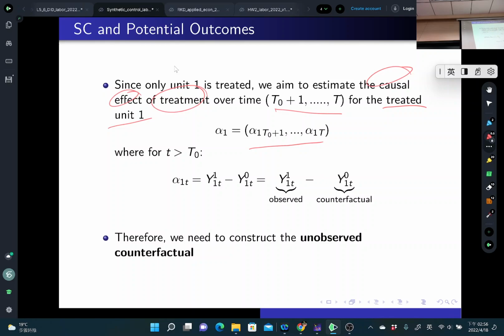Y0 is unobserved. So we want to use the synthetic control method to construct this unobserved counterfactual Y0 to get the causal effect for each year. Okay. So the following question is how to use observed data to construct this Y0.